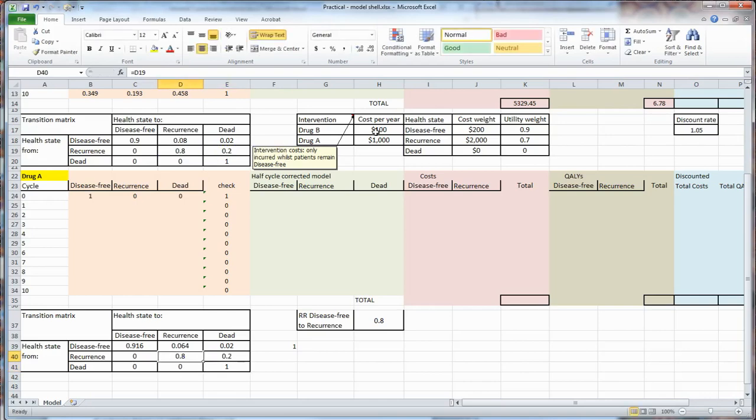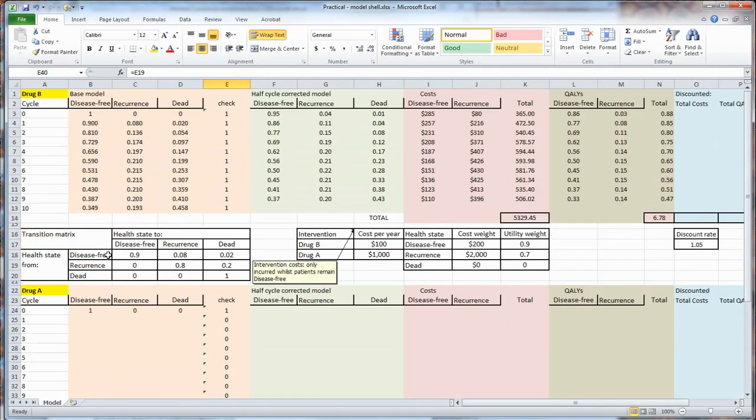The reason I've linked them is because if I wanted to test the impact of, say, a change in the probability of dead, given that you have got recurrence, I need to change this transition matrix and it will feed through into this one without having to check that I've changed both recurrence transition matrices.